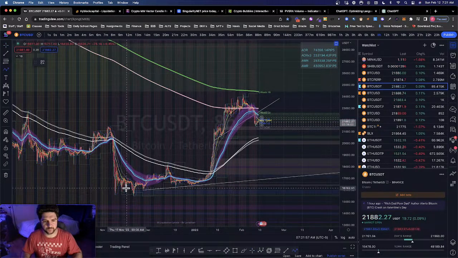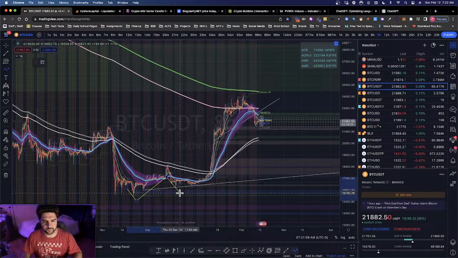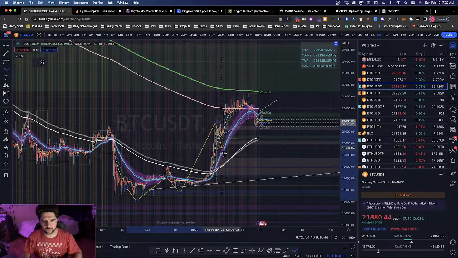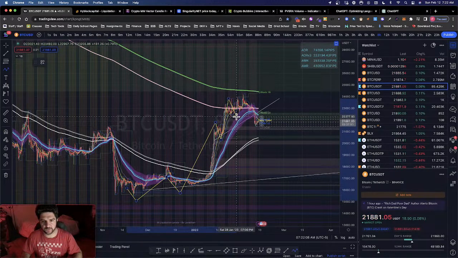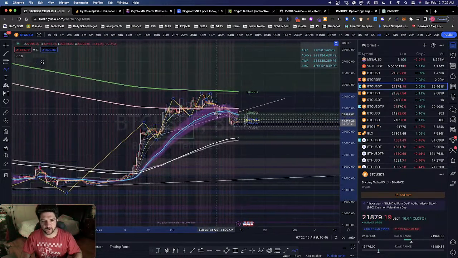The 8 hour. All right. Here we go. W formation. Rise up, level 1. Drop. Rise up, level 2. Retrace. Stop hunt, whatever. Rise up, level 3. If this is level 3, and you did get the drop, here's level 1, which is higher than this level.